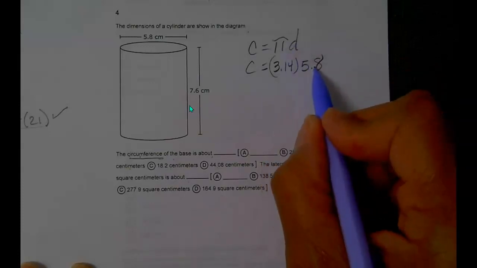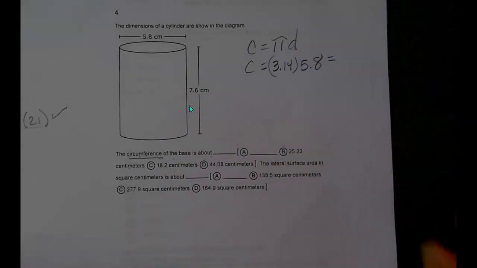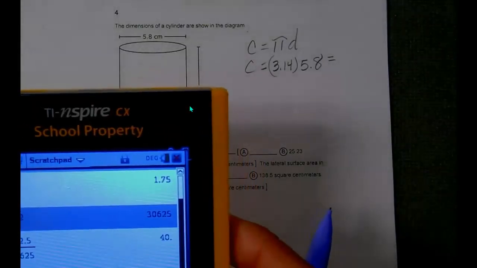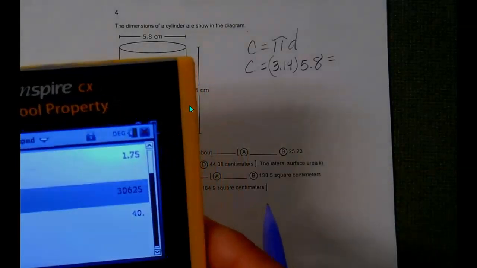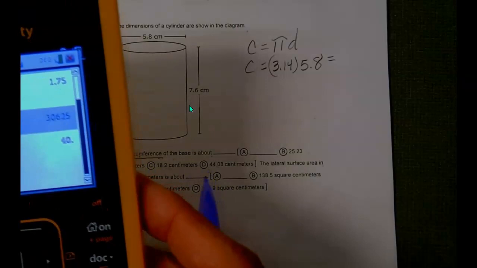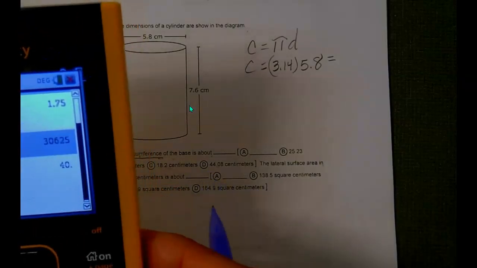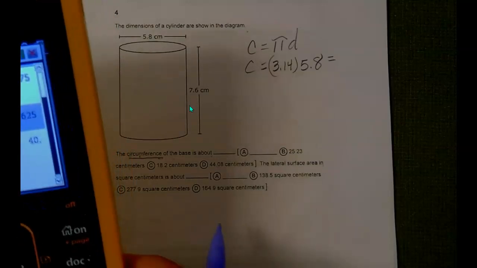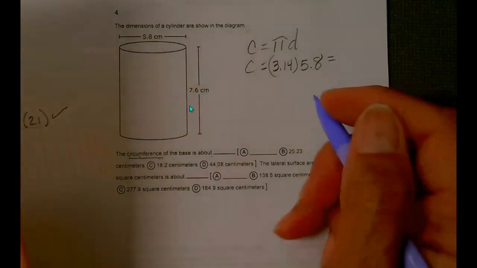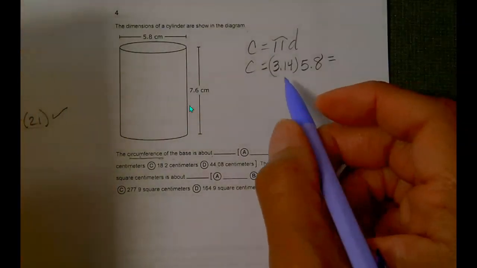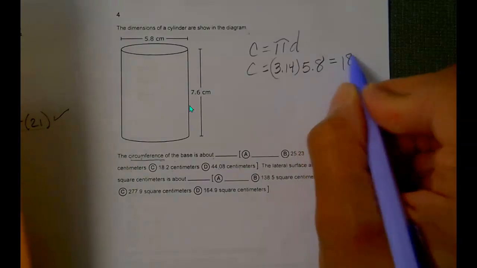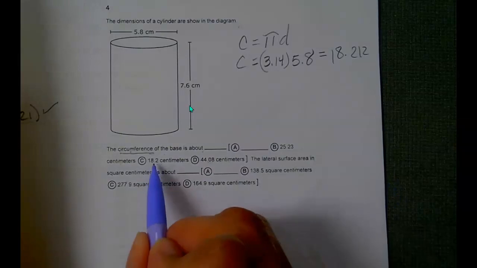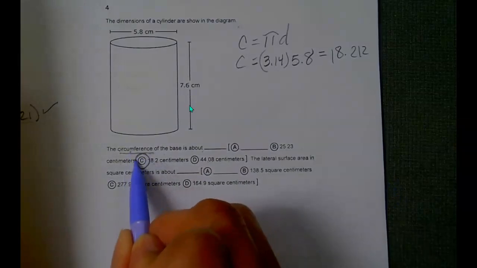Let's put it in the calculator. 3.14 times 5.8 is 18.212. Uh-oh, here we go. So it's C.